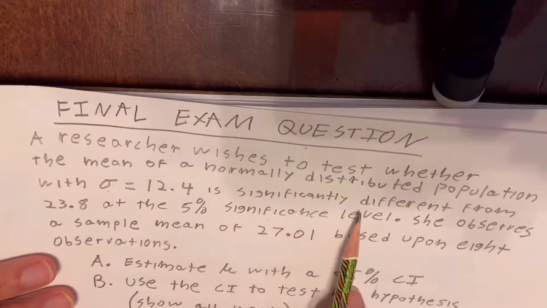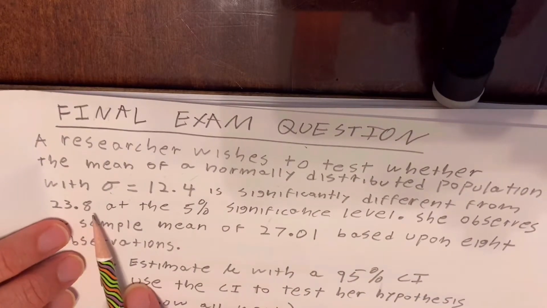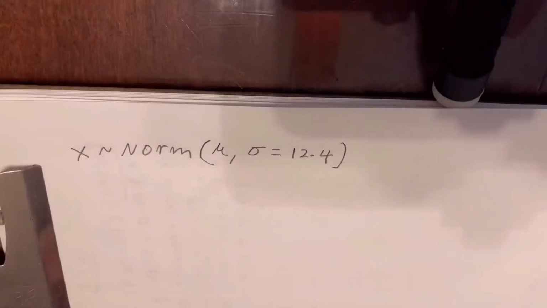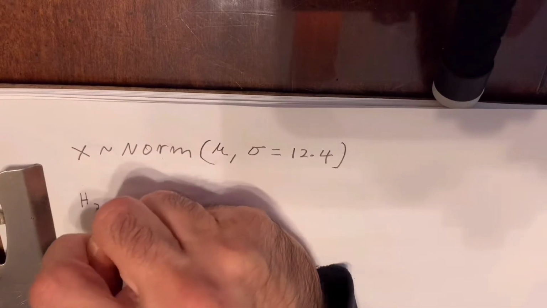And then it says is significantly different from 23.8. So that means we have hypotheses here. Let's write the null hypothesis down.